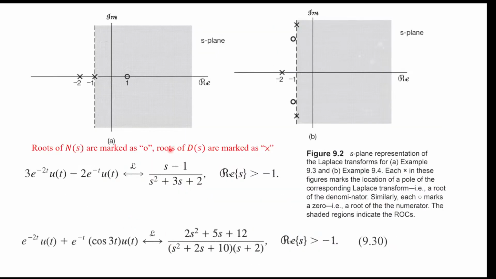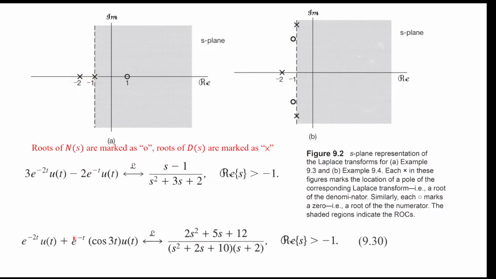So for example, we have example 9.3 and 9.4. The equations are written here, and we have the ROC and the poles and zeros marked on the complex plane here. So this is example 9.3. We see the ROC is Re(s) greater than -1, and it has a zero at -1, and the two poles at -2 and -1 marked as crosses here.